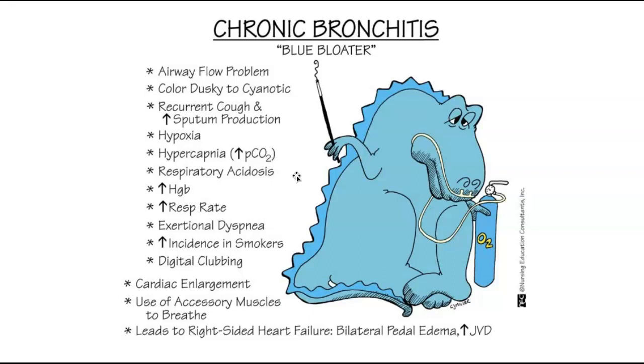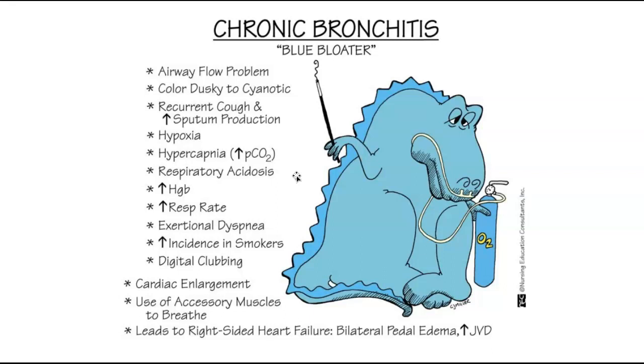Chronic hypoxia causes the kidneys to produce erythropoietin. Erythropoietin is a hormone produced by the kidneys, which tells the body to produce red blood cells. And so if someone's in a chronic hypoxic state, this hormone is constantly telling the body to produce red blood cells.